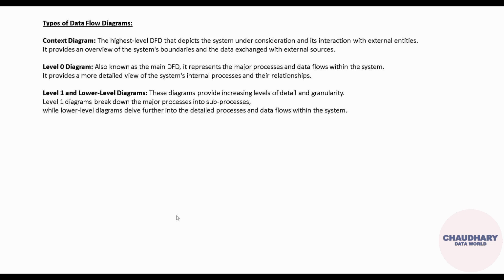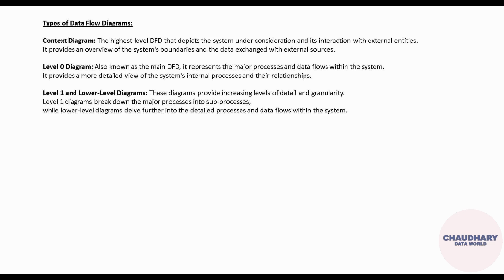After that, there is the level 0 diagram. After that, level 1, and then there are multiple levels you can go ahead with. So level 1 it can be, level 2 it can be, 3. There is no hard and fast rule as to what extent a particular diagram will contain information.